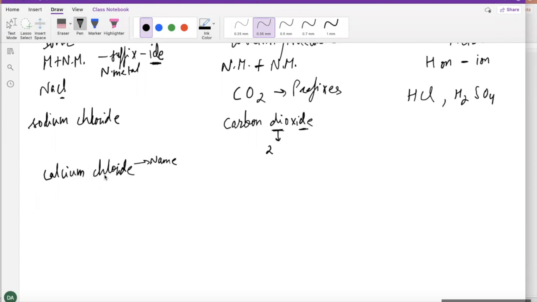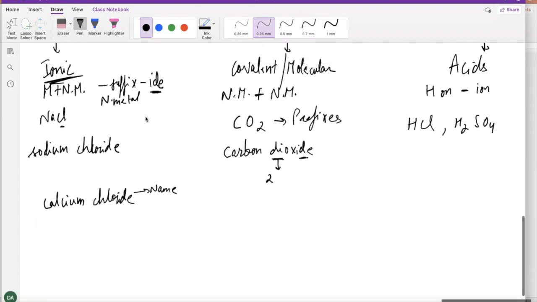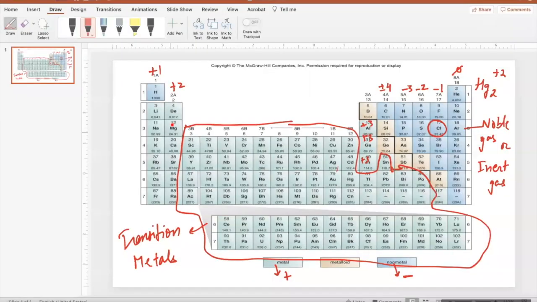So guys, when you're trying to put the formula for ionic compounds, strictly speaking, you should write down the symbol. For calcium is Ca, for chlorine is Cl, and put the charges. Calcium is +2. How do you know that? I know that because calcium is +2 on the periodic table because it's group number 2.